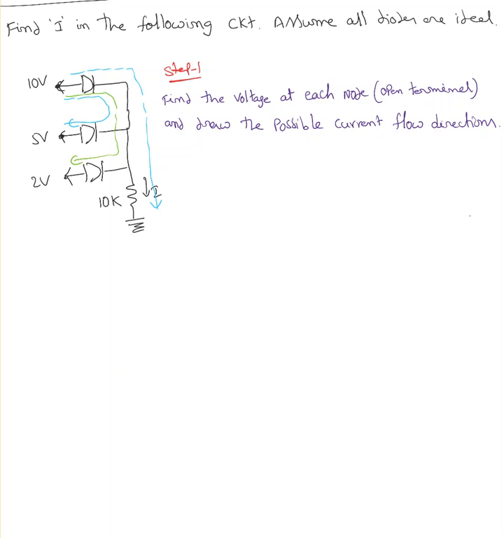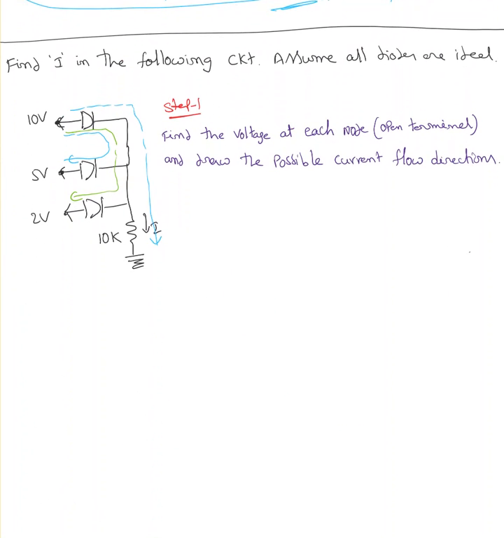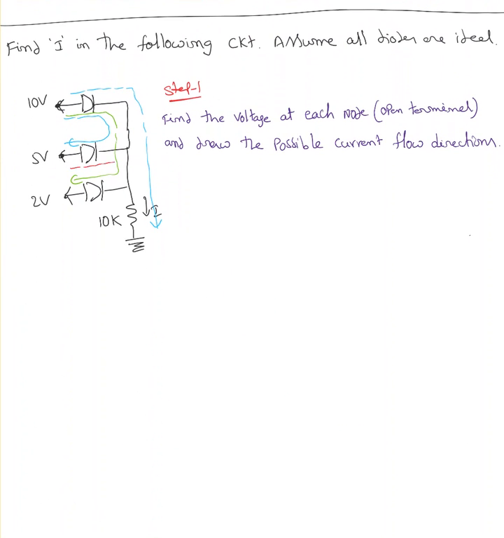Now the second case, current can go from here to here, and current can go from there to there. The last case, current can go from there to there, from 2 volts to 0 volt.